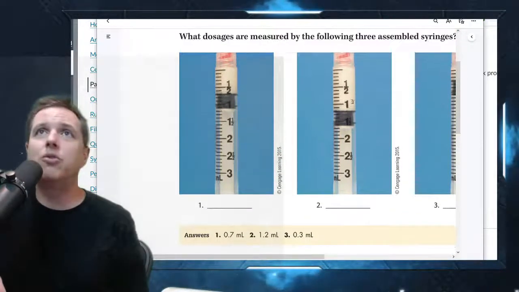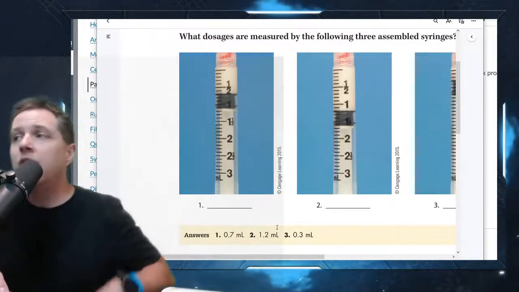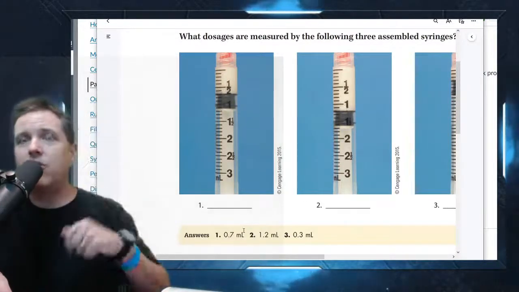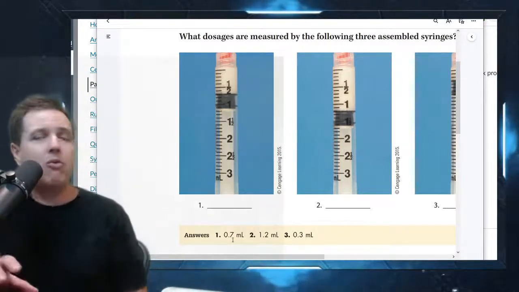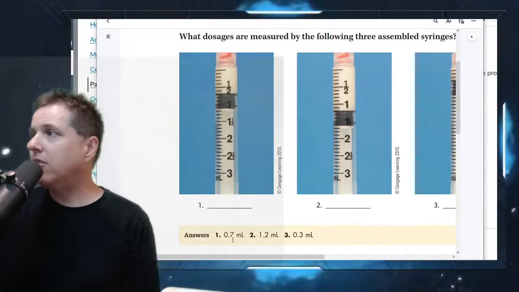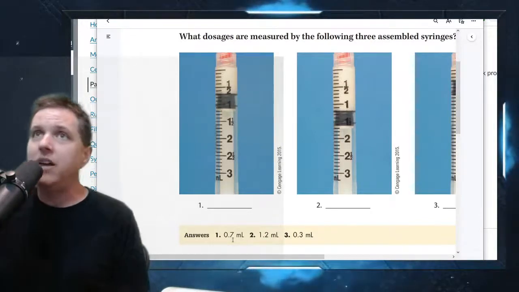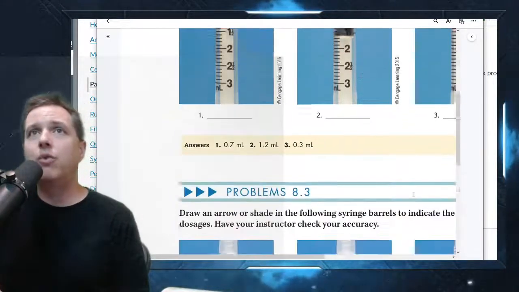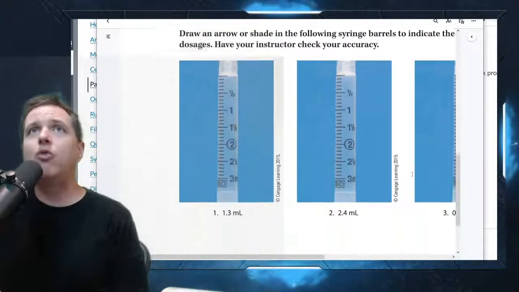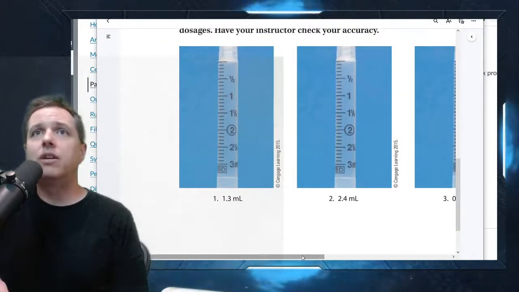Whereas this one goes a little bit past the 1, getting us to 1.2 milliliters. Notice that in the answers, they're writing it with that normal convention that we talked about last time. We're not writing this as .7 milliliters. We're writing it as 0.7 milliliters. That way, we're less likely to have our work misinterpreted, or to incorrectly read our own writing.